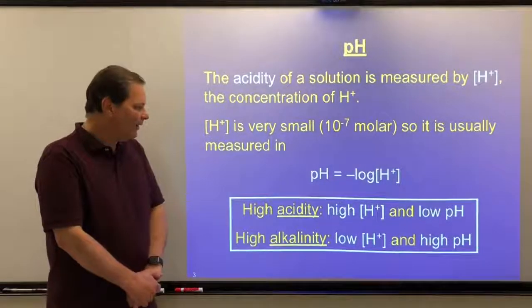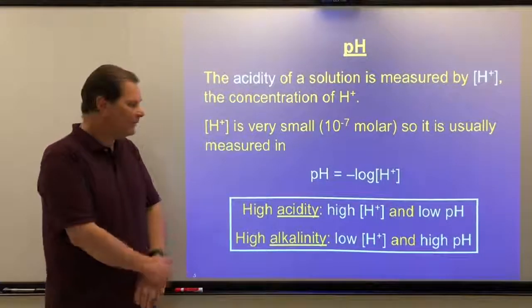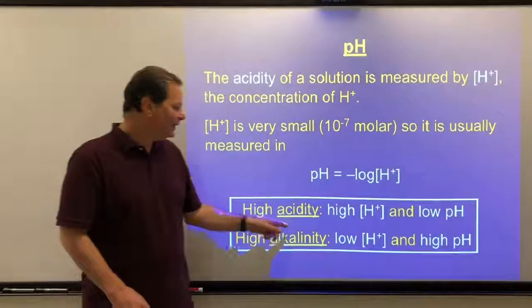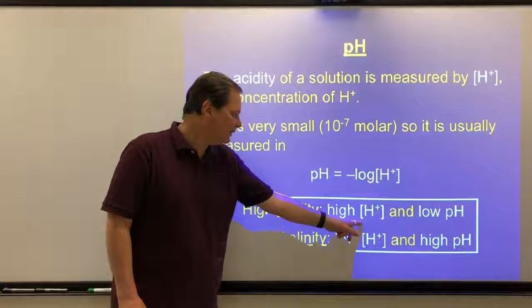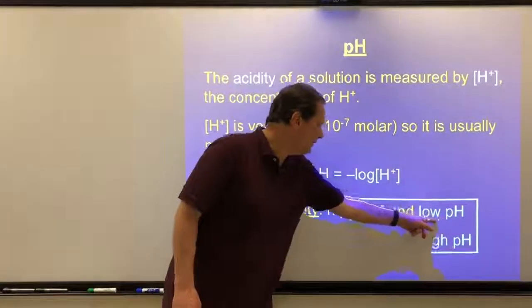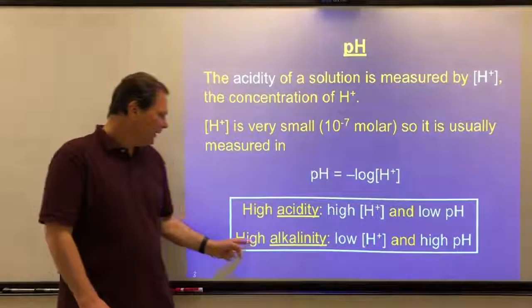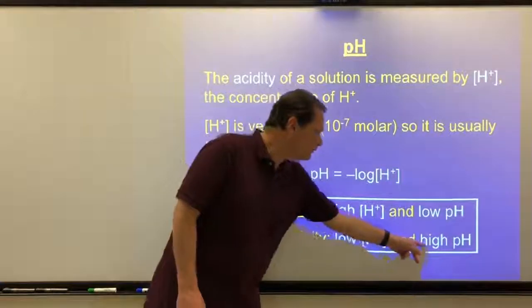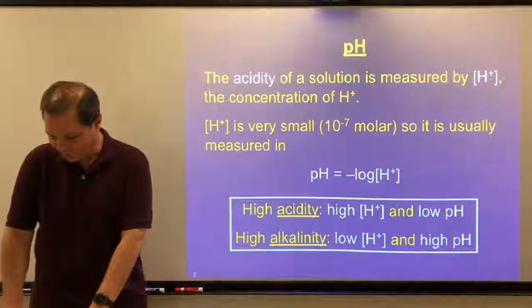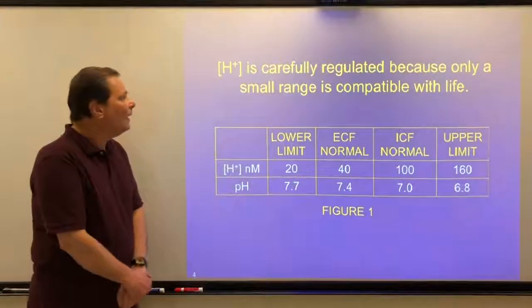So when we talk about a solution or the plasma, we say it has high acidity when it has a high free hydrogen ion concentration, which means it will have a low pH. High alkalinity means a low hydrogen ion concentration and a high pH, so they go in the opposite direction.